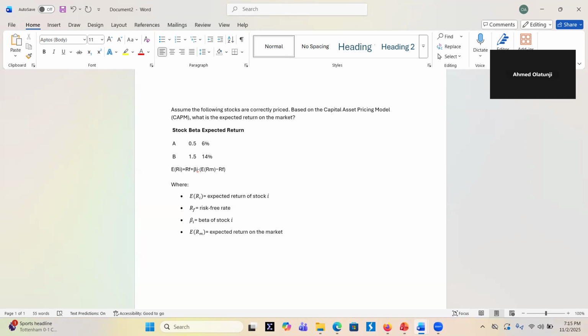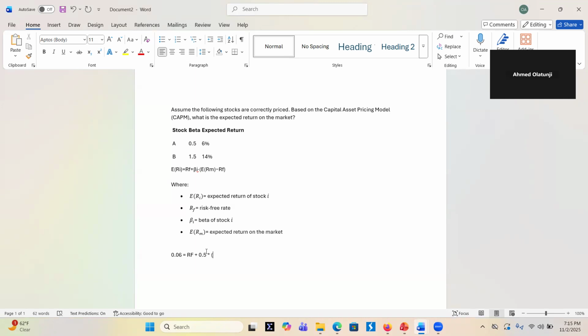According to the formula, we have 0.06, which is 6%, equal to RF. RF was not given. RF is the risk-free rate. We might need to find RF, plus 0.5, which is beta 1.5, times ERM.